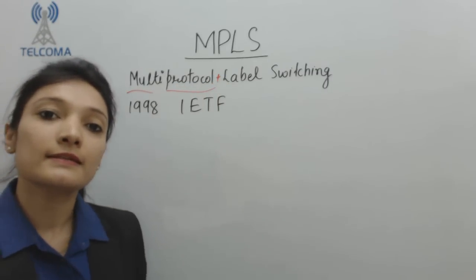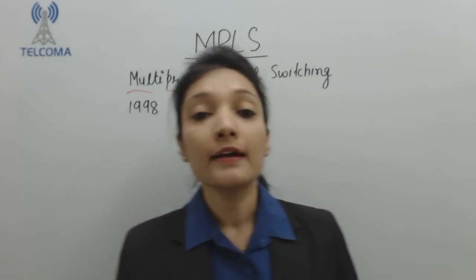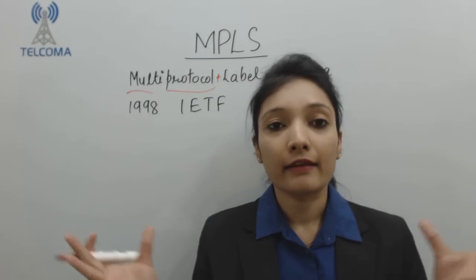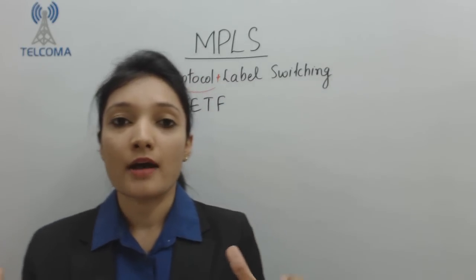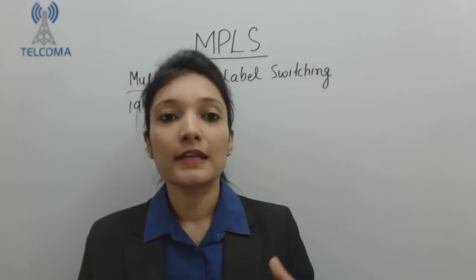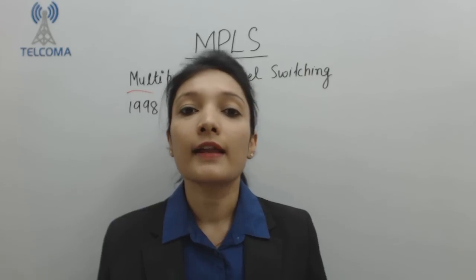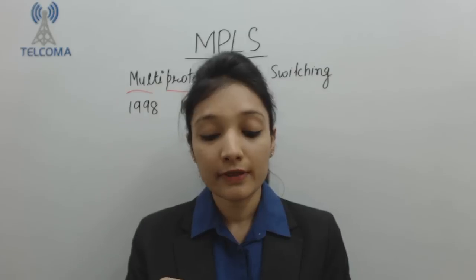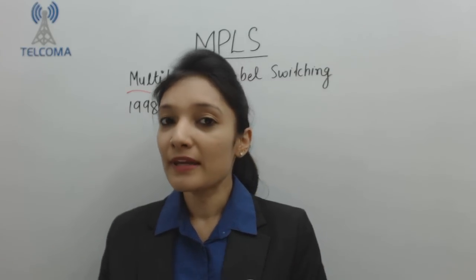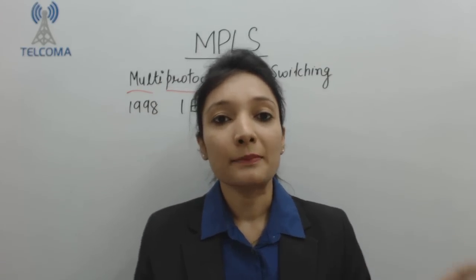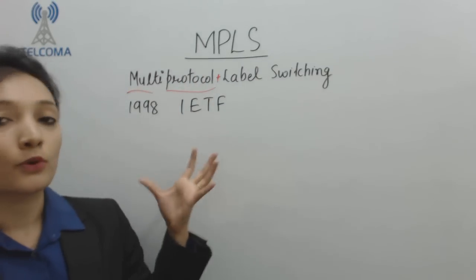That means it doesn't depend upon the underlying technologies. It can aggregate the information or pass the data coming from the various technologies. The various underlying technologies can be using different kinds of protocols, so MPLS doesn't depend on that. That means it can support multiple protocols.